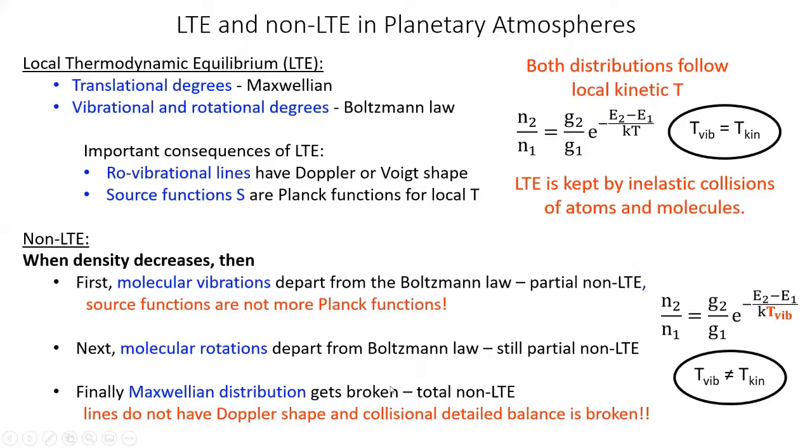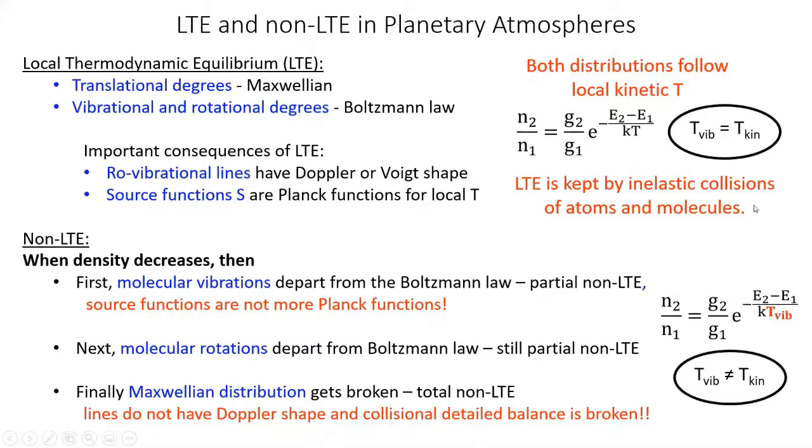So here's a summary of the differences between LTE and non-LTE in the context of planetary atmospheres. In the lower atmosphere, where pressure is very high, thermal collisions are the dominating energy transfer process. All other radiative and non-thermal energy processes can be ignored in what we call the steady state equation.